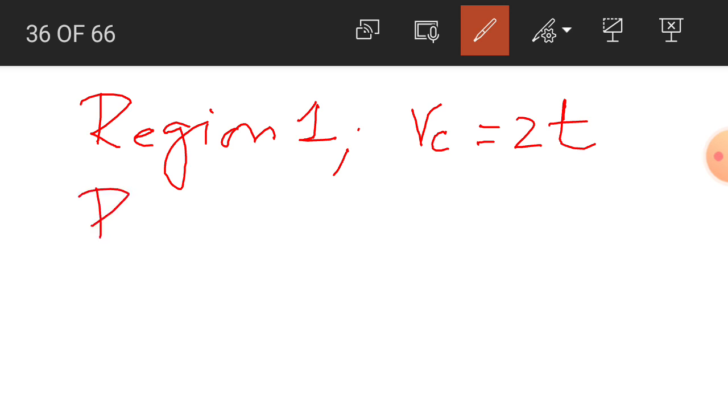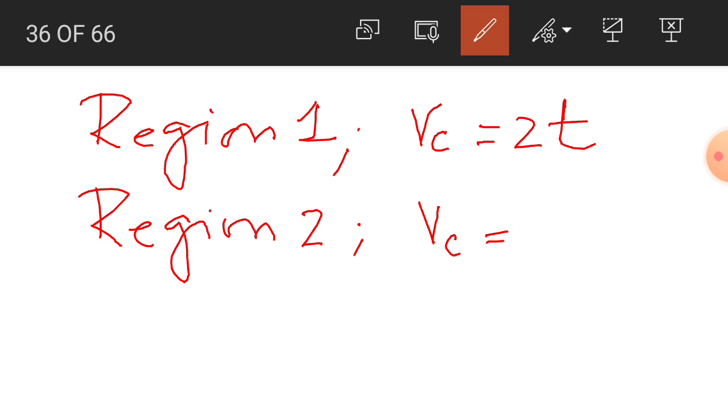The voltage in region number 2 is 2 volt. You see, this voltage is constant in the second region, which is 2 volt.